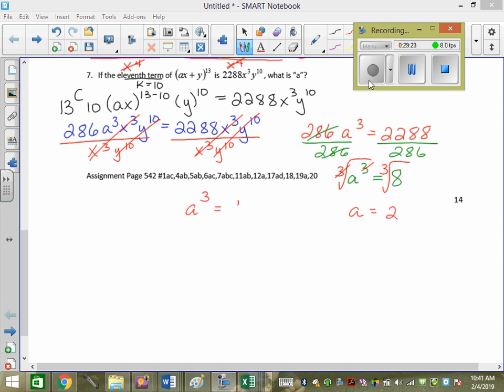A cubed equals 8. This is 3 over 1. So I can raise both sides to the exponent 1/3, and I get A equals 2. Either way, exact same answer, because 8 to the 1/3, or the 3rd root of 8, is actually the same operation. One's just in radical form, one's just in fractional exponent. Right? Exact same operation being done. Okay.